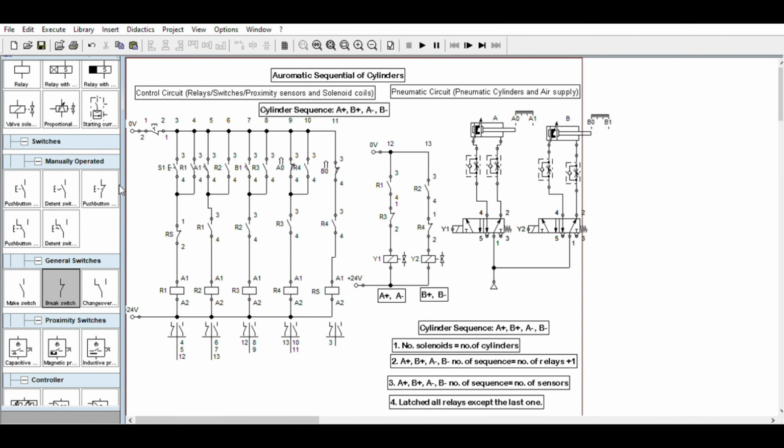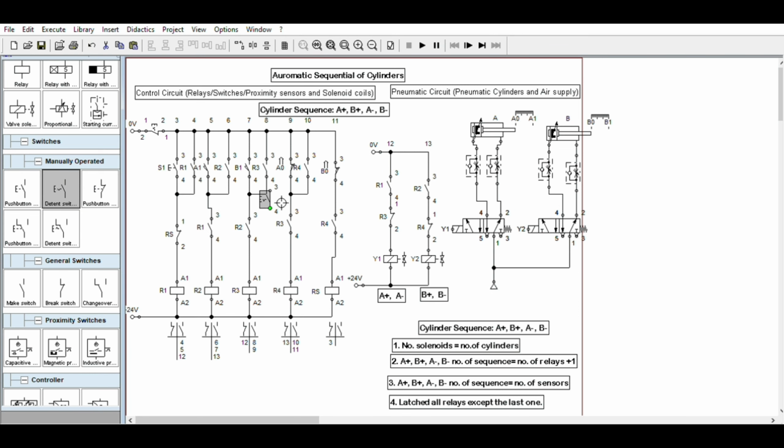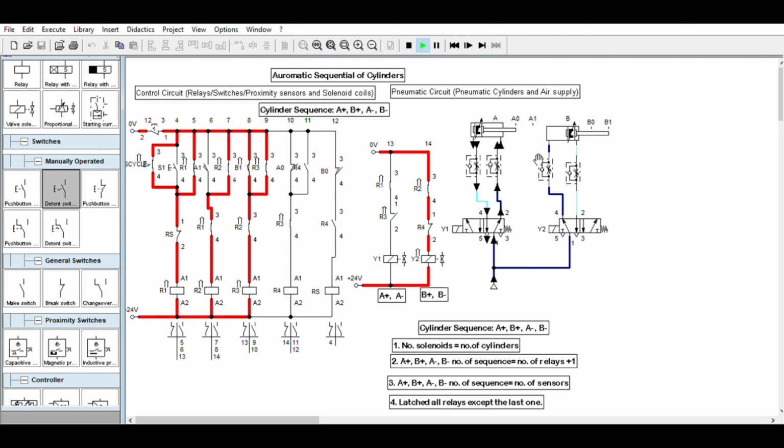We need the normally closed, normally open latch switch or D10 switch and do a parallel connection. Let's say it's a switch for cycle. Cycle operation means you can continue the operation. You have the option to cycle the operation.